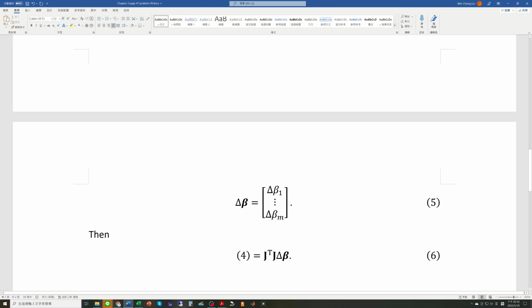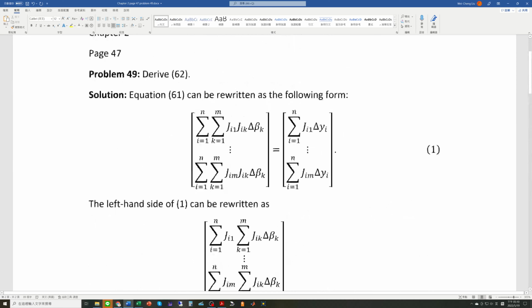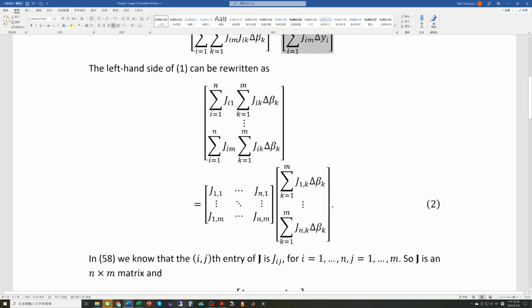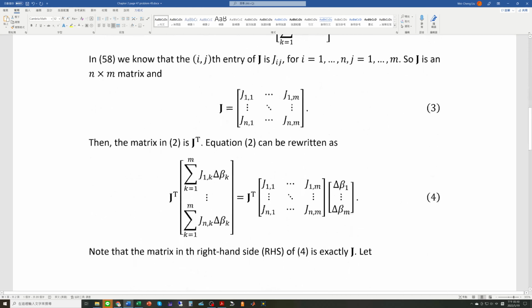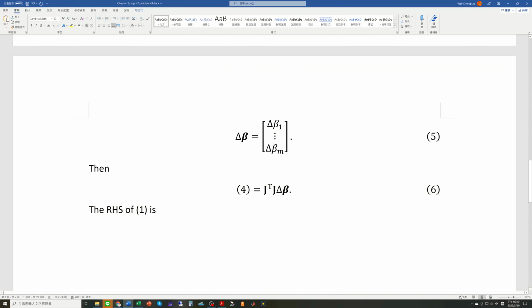It is equation 6. And the right hand side of equation 1, let us see the right hand side of equation 1. It is this vector. So we can copy the vector and paste here.